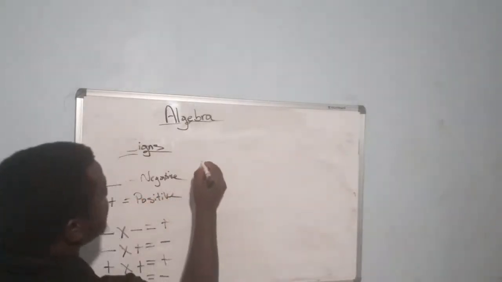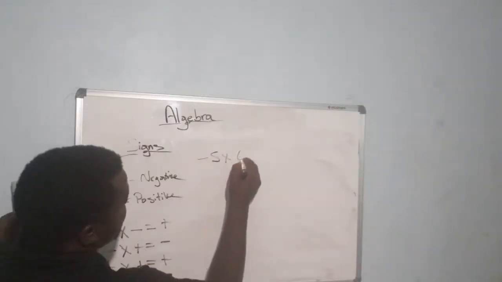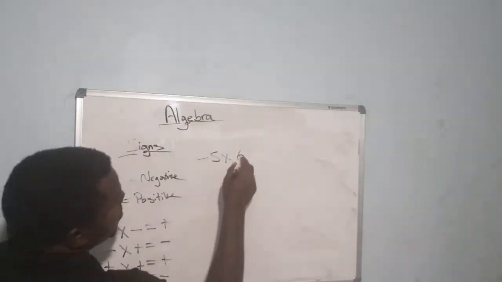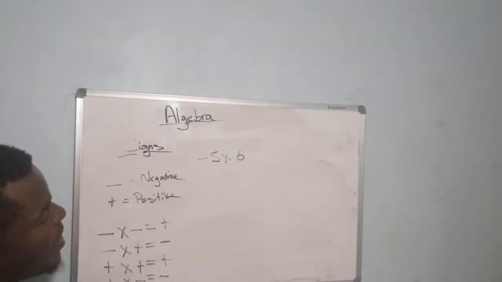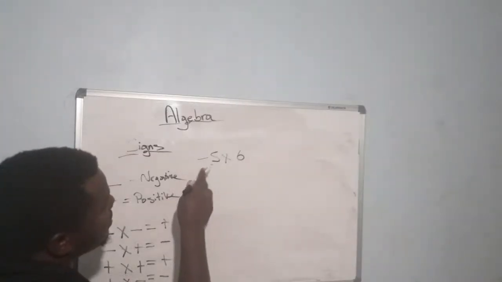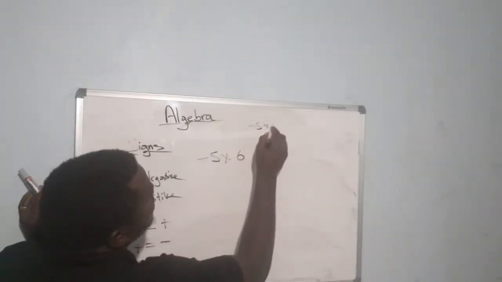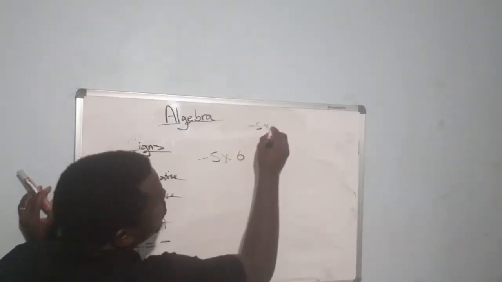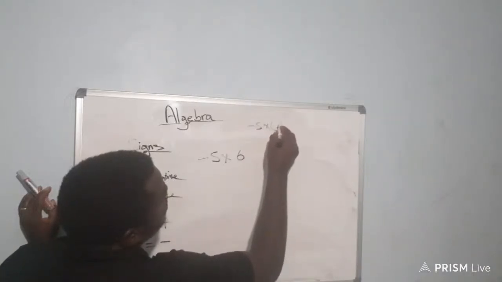So for instance, we have negative 5 times 6. And now, whenever you see a number by itself without a sign, it indicates that that number is positive, alright? Because if it was negative 5 times negative 6, it could have been written this way, with the 6 in a small parenthesis or bracket.